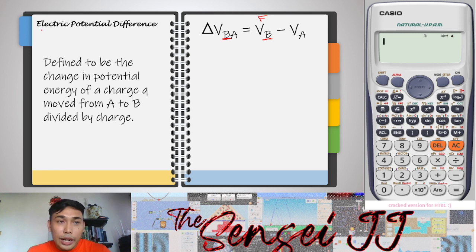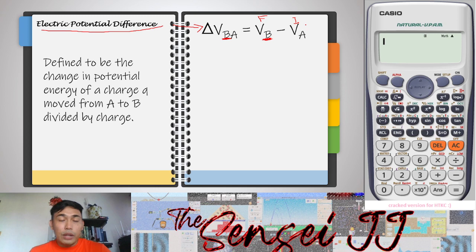So we have here our electric potential difference. Ito yung ating initial formula: delta V BA is equivalent to VB minus VA. So nauna yung ating B before our A, so final minus the initial.